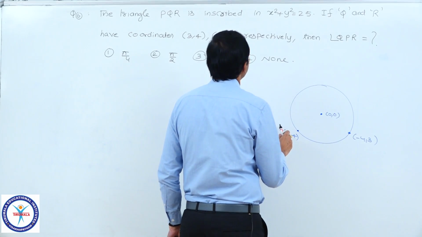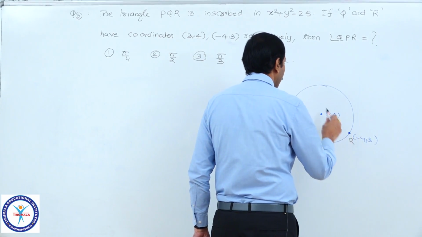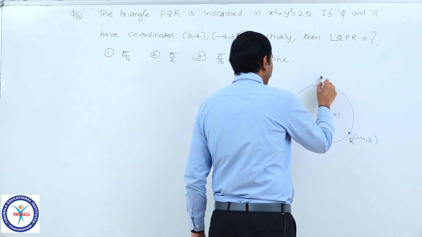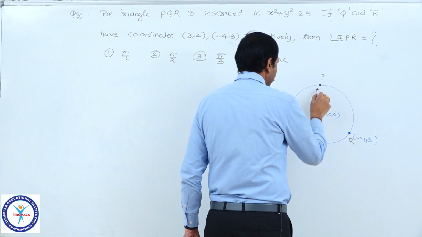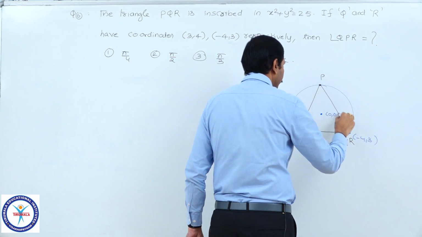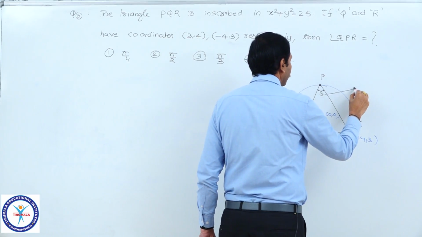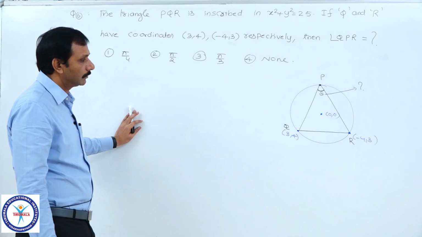Let it be, it is Q and it is R, and somewhere here P is there, it is the triangle PQR. Yes, they are asking this angle. If it is theta, what is this angle?